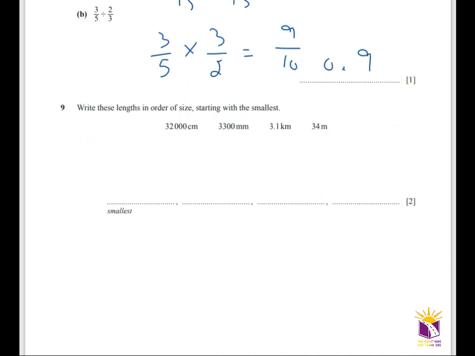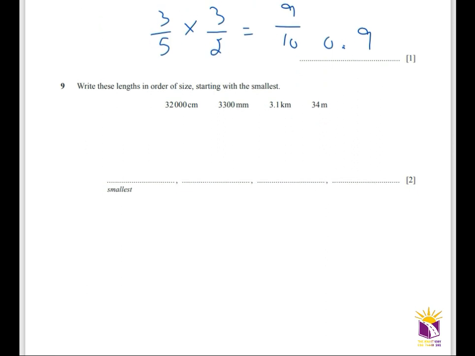Write these lengths in order of size starting with the smallest. Now these are all lengths. One is written in centimeter, one is millimeter, one is kilometer, and one is meter. So from this, kilometer, I know this would be the largest one. Okay, 32,000 centimeter.